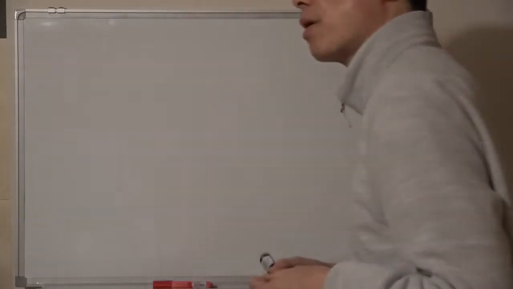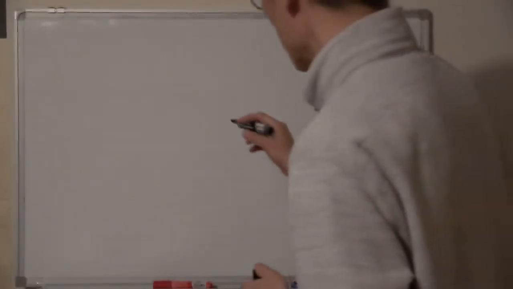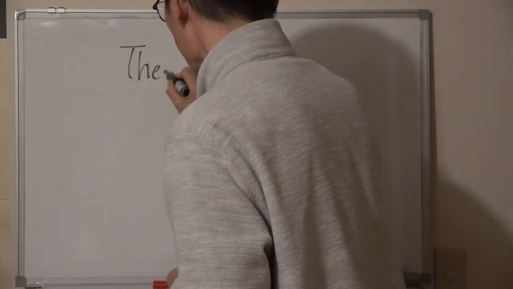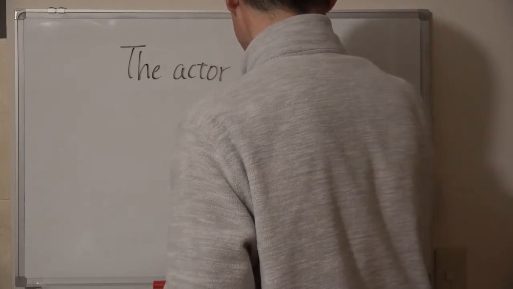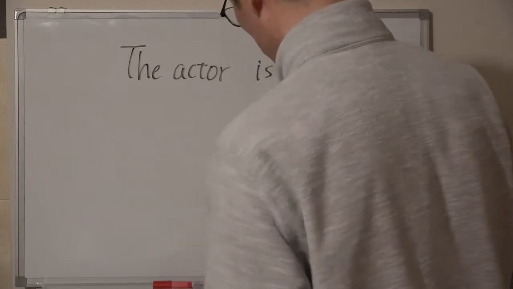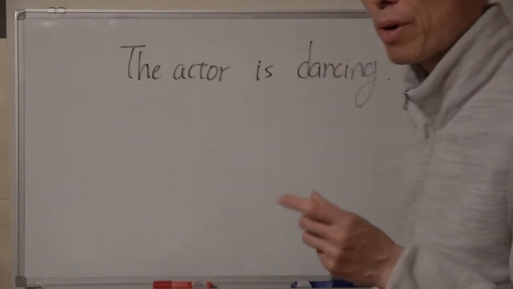For example, an actor, 役者, is dancing, 踊っている. So let's say the actor is dancing. So この役者は踊っている. Okay, progressive.